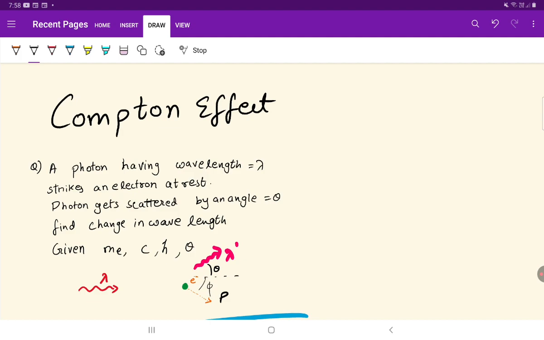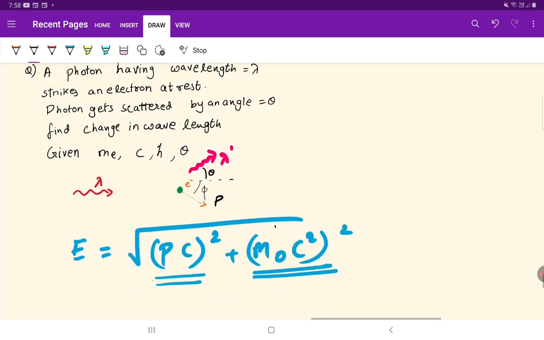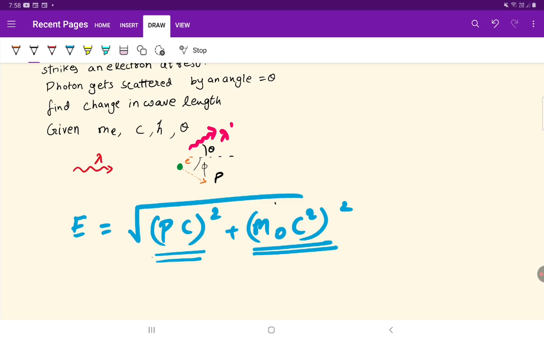So before moving ahead to this question, I have discussed a concept in one of my previous videos about energy. That the energy of a particle moving in free space can be written as the square root of (p c) whole square plus (m naught c square) whole square, where p is the momentum of the particle, c is the speed of light, and m naught is the rest mass.